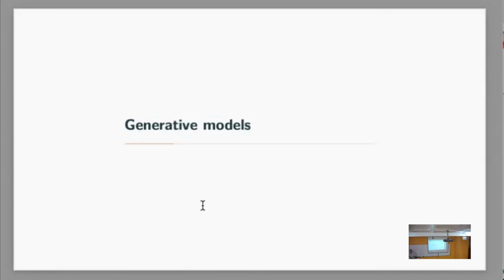Generative models. I suppose by now everyone knows a little bit about machine learning, right? And what generative models are, or at least how we see them in this context, is some form of machine learning, which means that we are going to need to train some of these models to generate data.